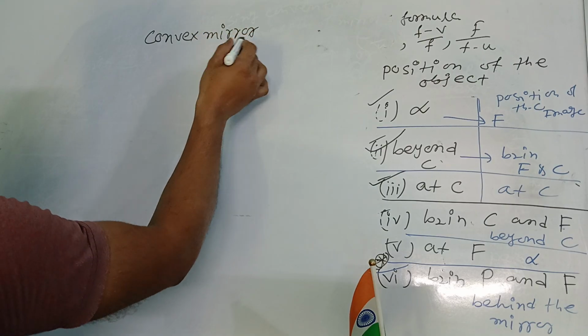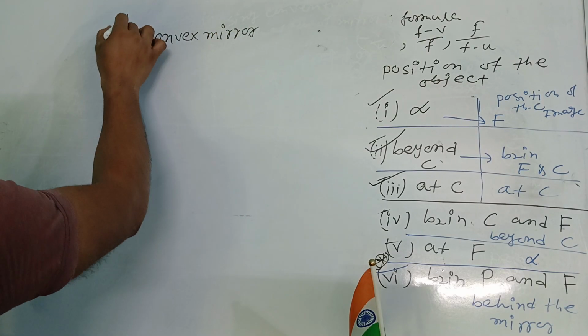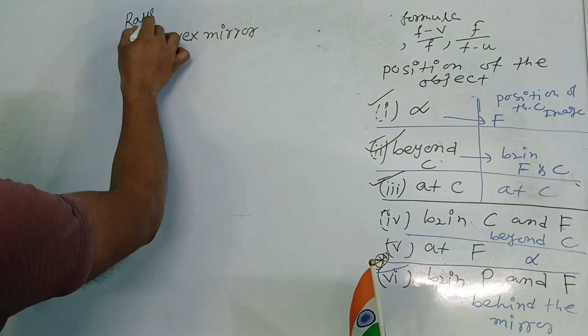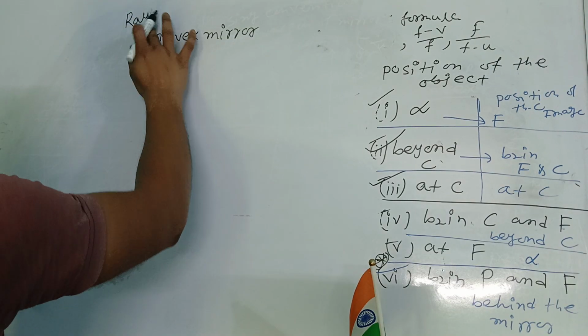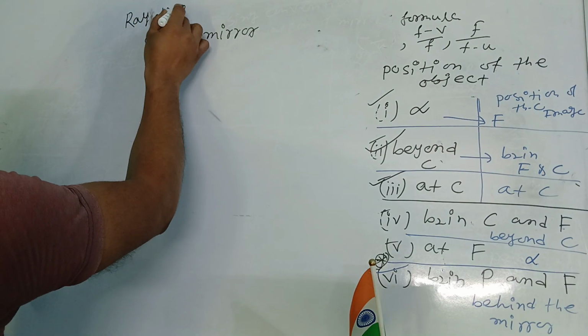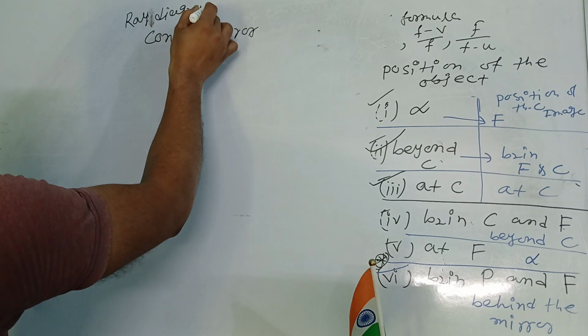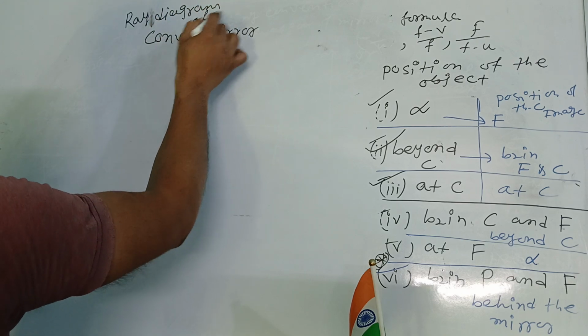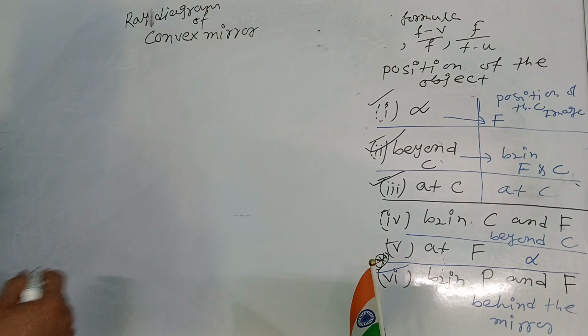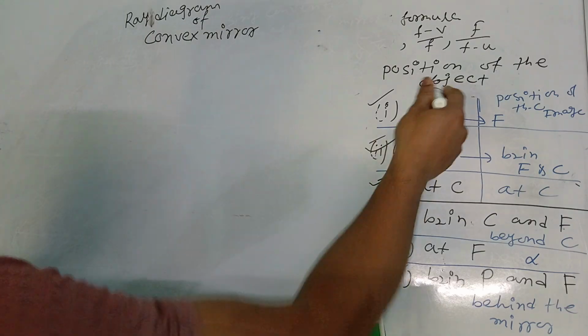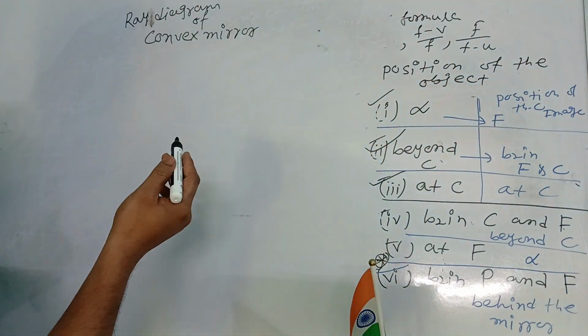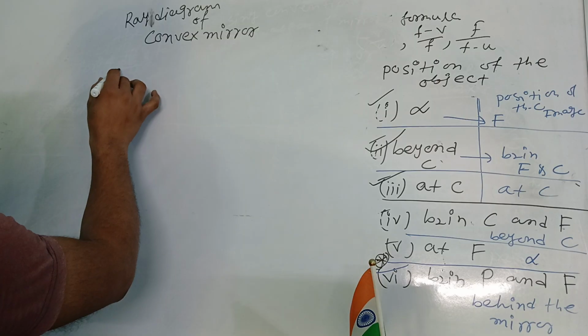Okay, the ray diagram of the convex mirror and the characteristics of the image, as we did for the concave mirror. Then we derive the mirror formula.